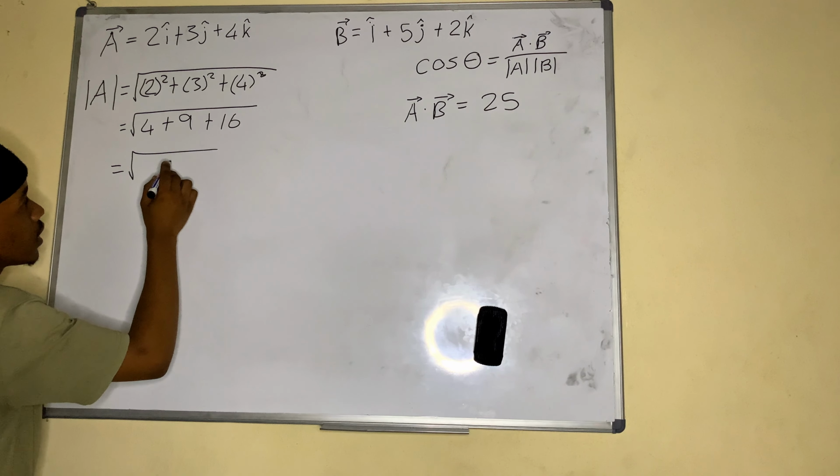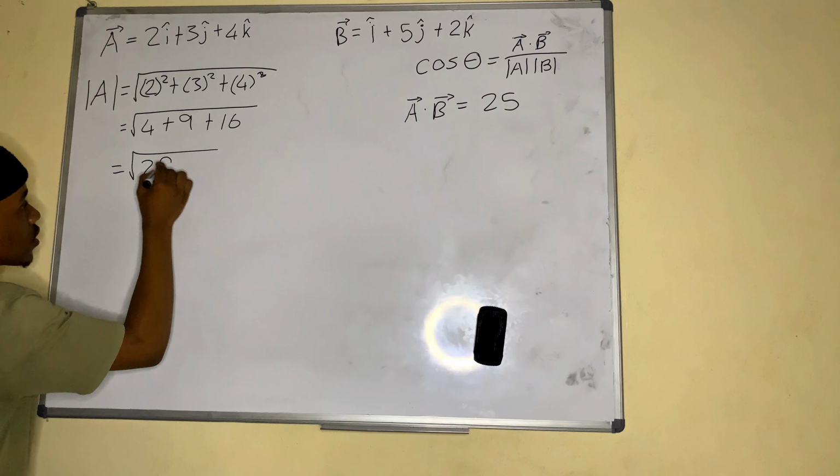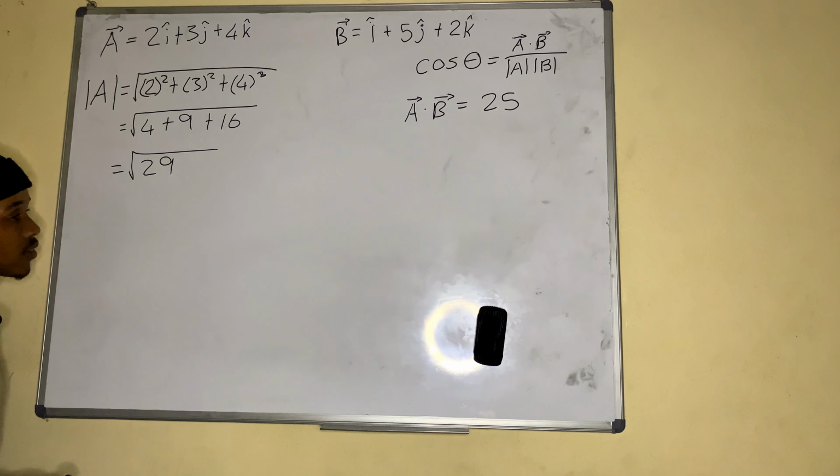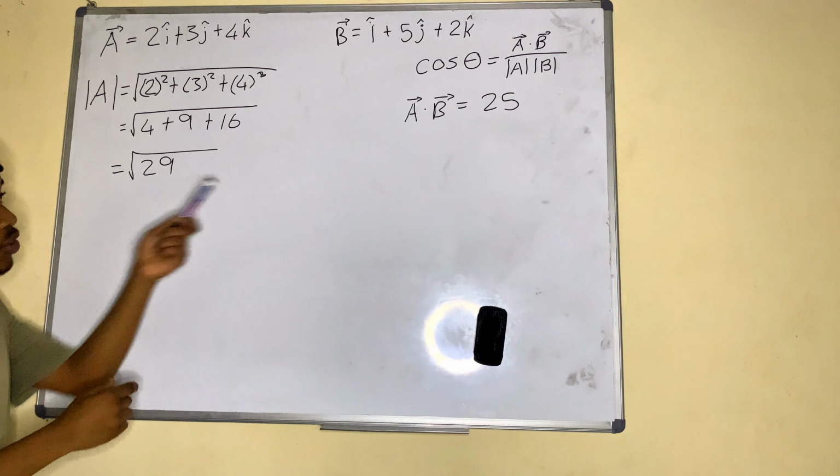Adding these together, 29, gives us square root 29. I'll move this over there to make space.